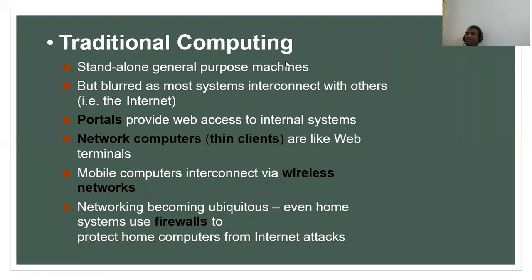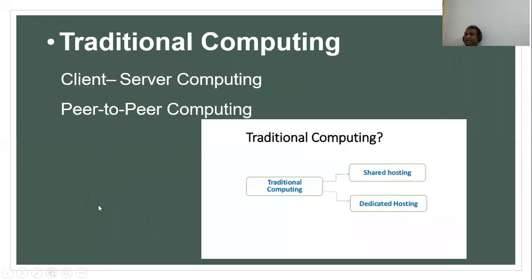But when we come to the next classification, traditional, as I have said, can be a normal computer which is connected to the internet, or not connected to the internet also. Basically it will be divided into two categories: client server computing and peer-to-peer computing.